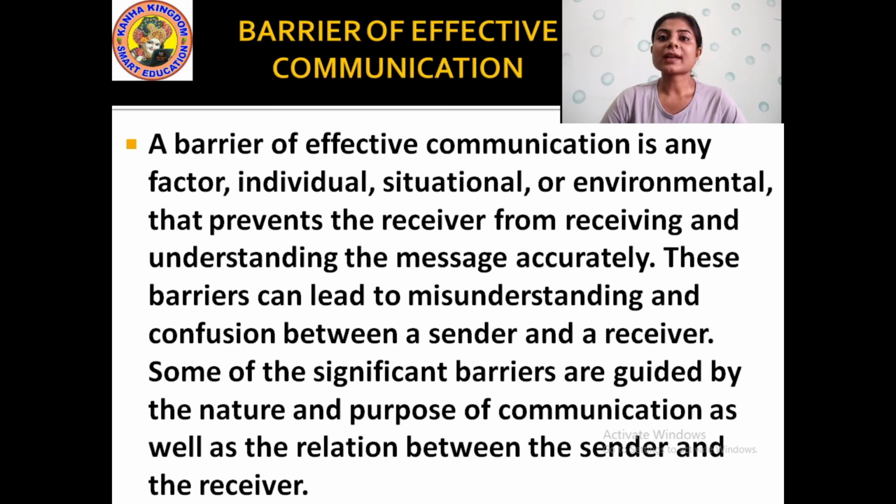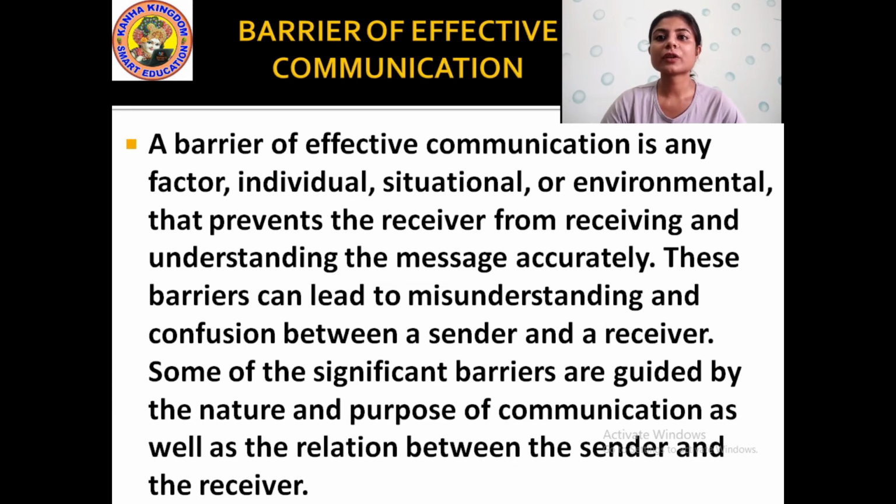Alright, some of the significant barriers are guided by the nature and the purpose of communication, as well as the relation between the sender and the receiver. Alright, there is some miscommunication that occurs between the sender and the receiver.